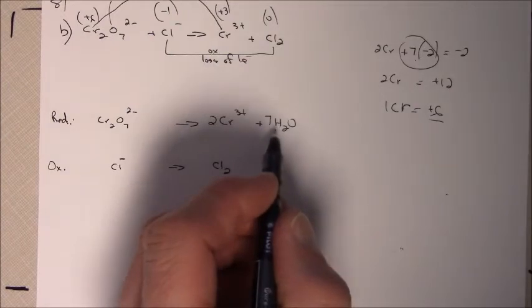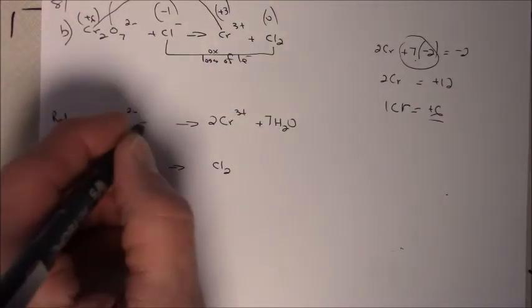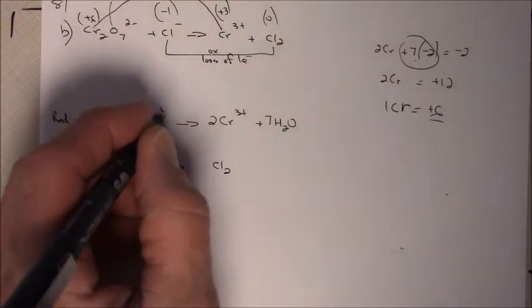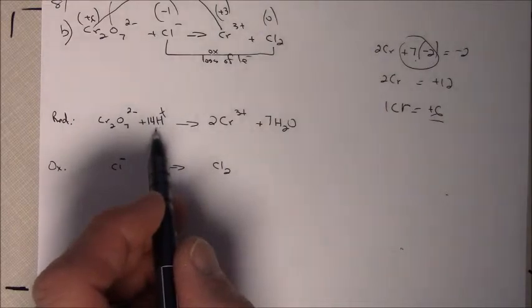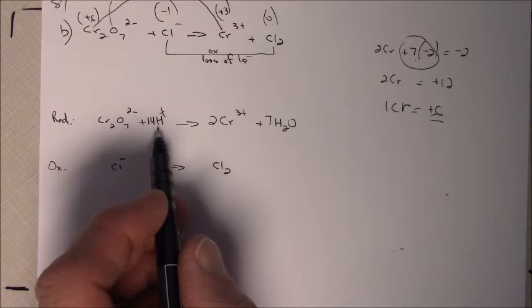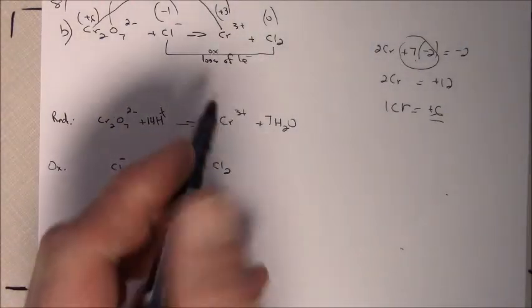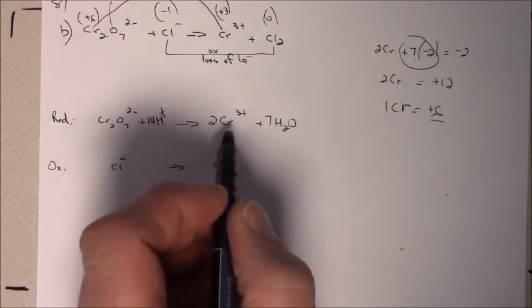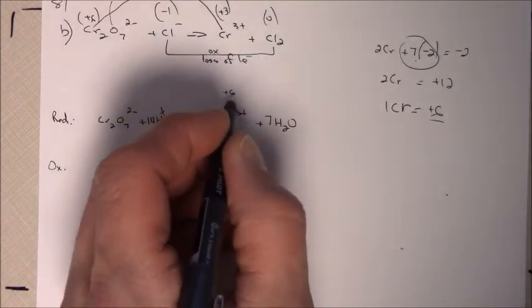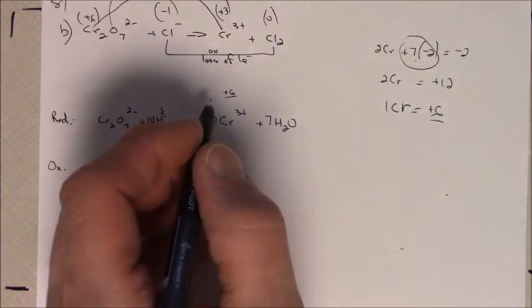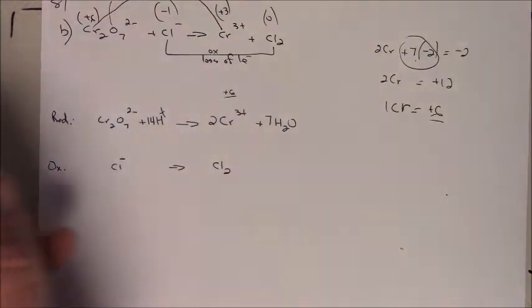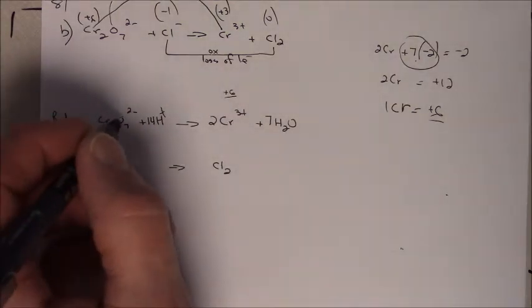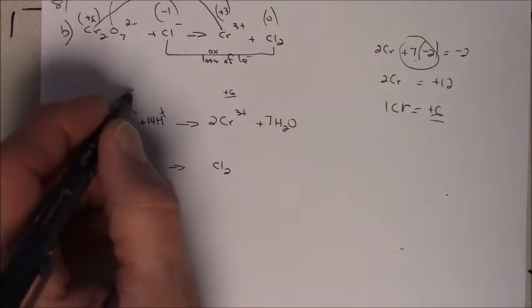You've got 14 H's, I need to put 14 H pluses over here. Now you balance charge. So for charge, you've got 2 chromiums at +6. On this side, you've got 14 of these. Subtract 2, this is a +12.